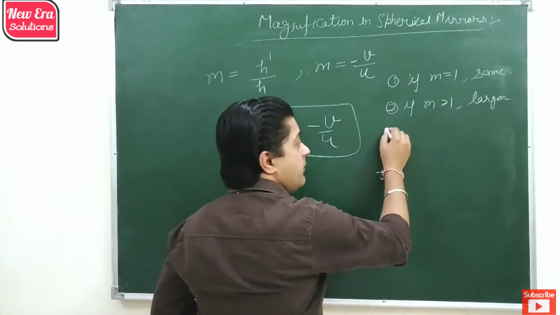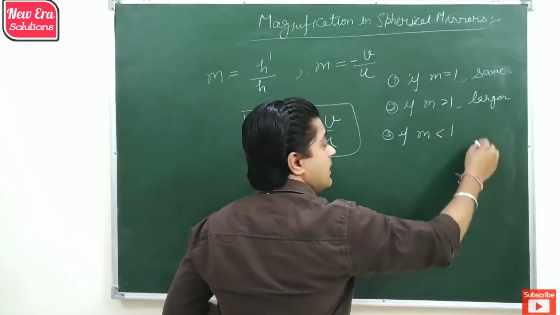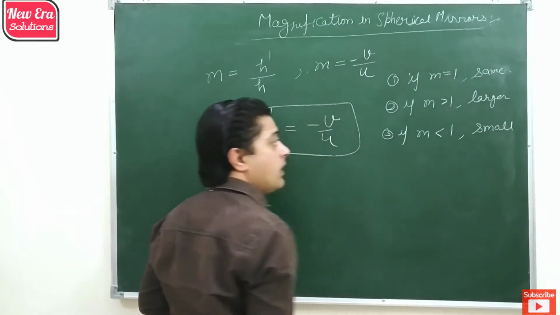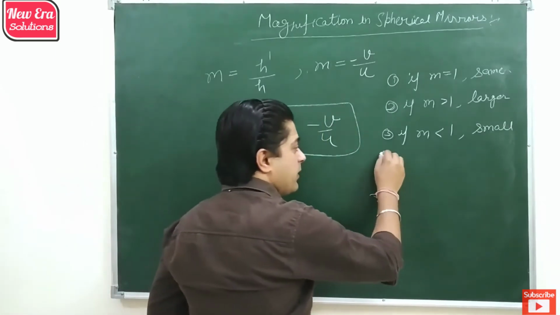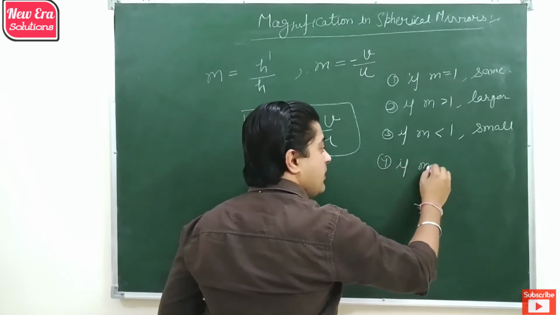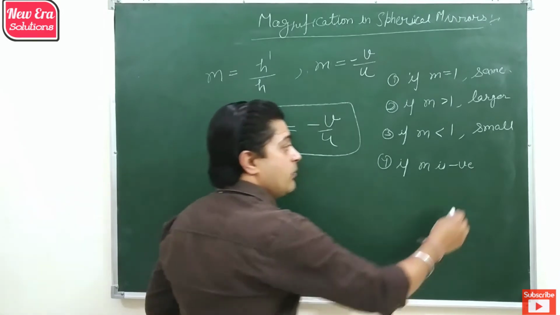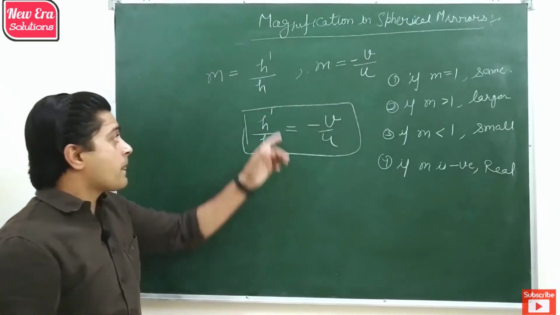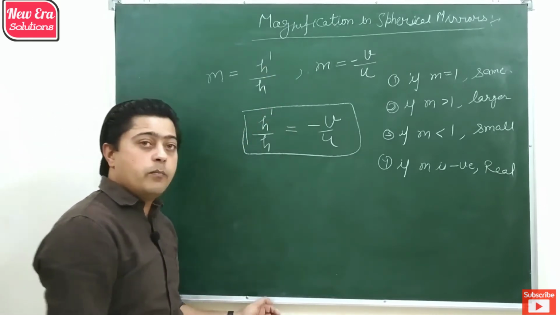Third, if the magnitude of magnification is less than 1, then the image is small as compared to the object. The next property: if m is negative, then the image is real, because we know for a real image h dash is negative and h is positive.